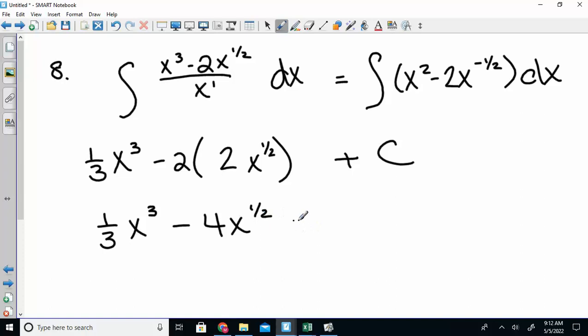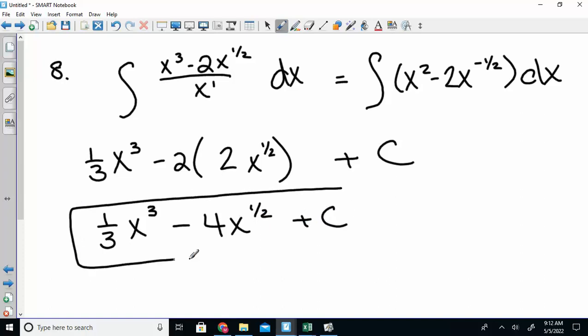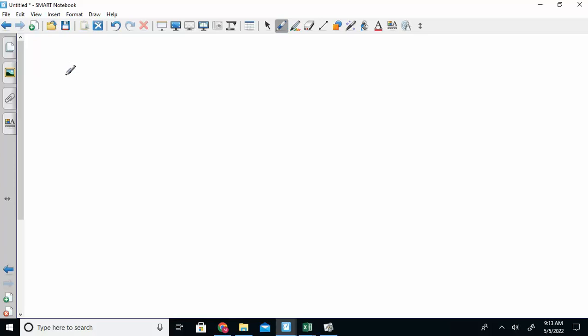So we get negative 1/3 x cubed minus 4x to the 1/2 plus c. So I might put a problem on the test where you don't have to do substitution. Just see if you recognize that.